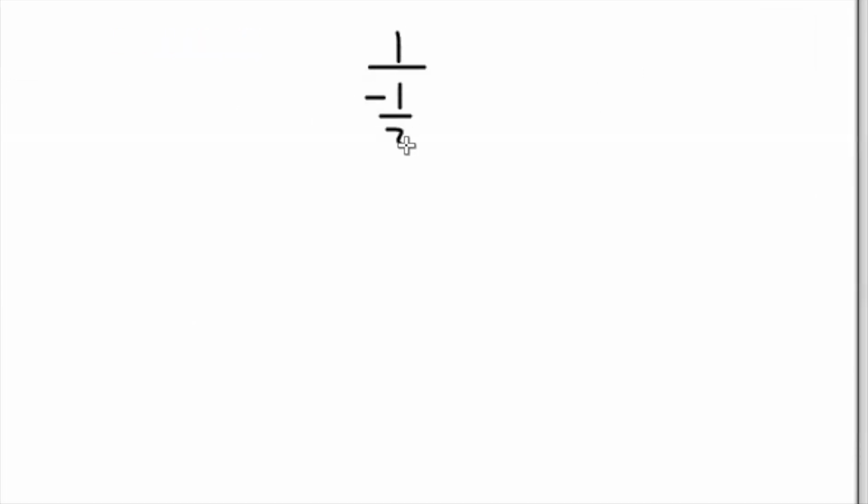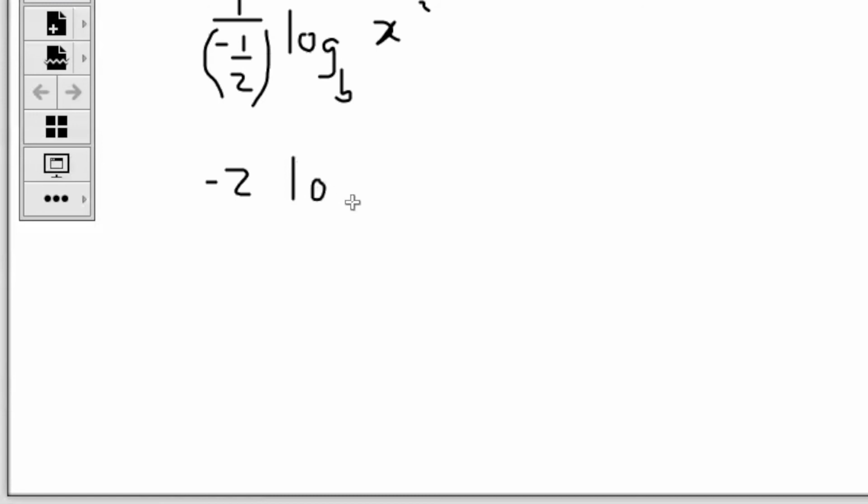Now, how is it so? Let's look at it. It's 1 divided by negative a half. Now I change it to multiplication, so I reciprocate or flip the fraction, and it becomes 2 over negative 1. So when I multiply 1 times 2 over negative 1, I'm getting the minus 2 that I have. Now the next thing is that I have x to the power a half.